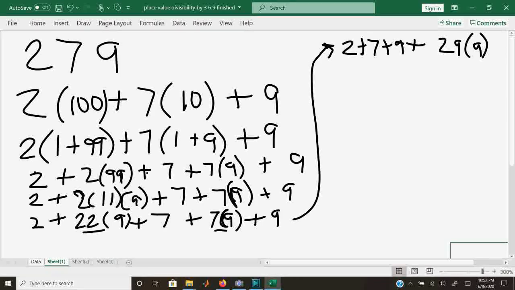So if I try to divide by 9, I can take out 29 nines, so I actually have 18 plus 29 times 9. So now I can look at this and say, well, now I've got 2 more 9s here. My 18 is 2 times 9.